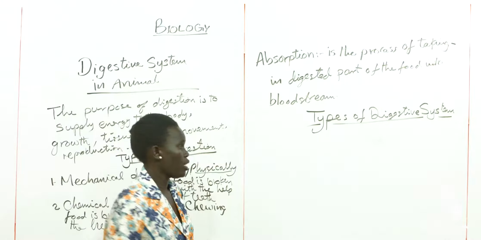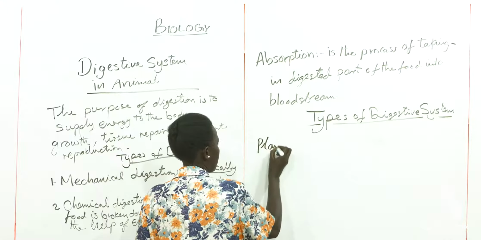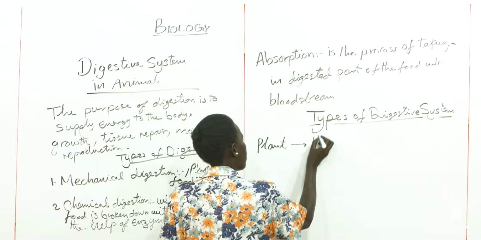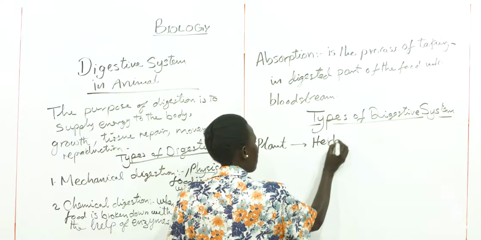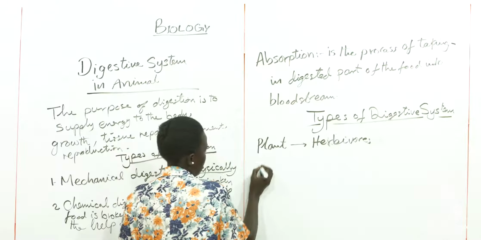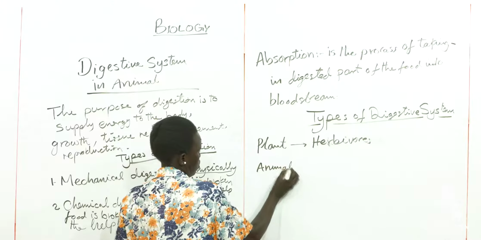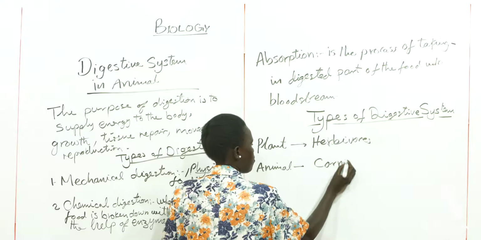The group that feeds on plants is known as herbivorous. The group that feeds on meat or on other animals is known as carnivorous.